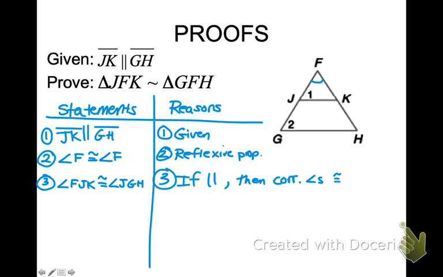Yep. So now just rewrite your prove line. Line 4: triangle JFK is similar to triangle GFH because of angle-angle similarity. And I got my two angles from line 2 and then line 3. Done.